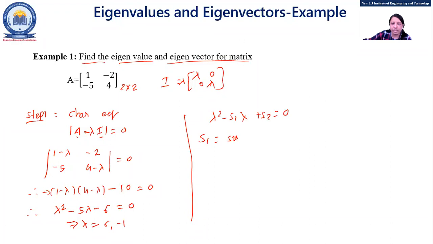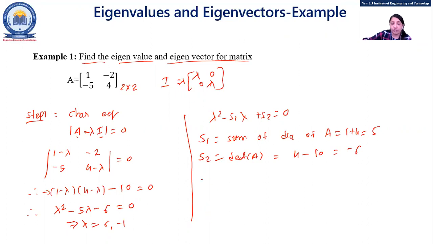S1 means the sum of principal diagonal elements of A, which is 1 plus 4, so 5. S2 equals the determinant of the matrix, which is 4 minus 10, so it would be minus 6.